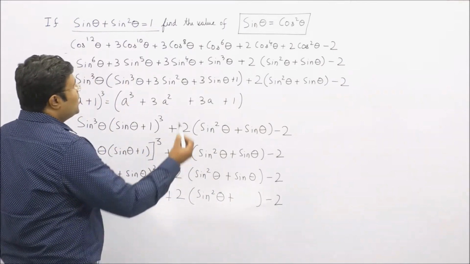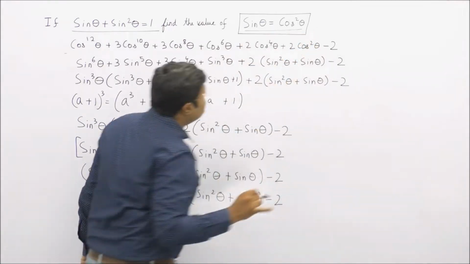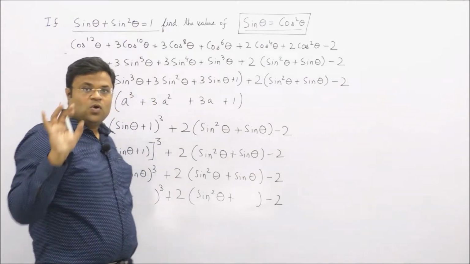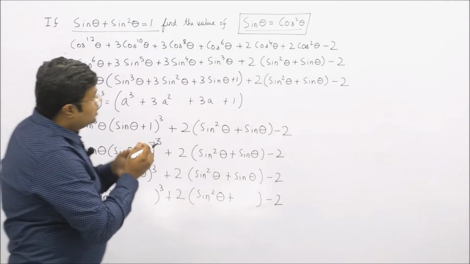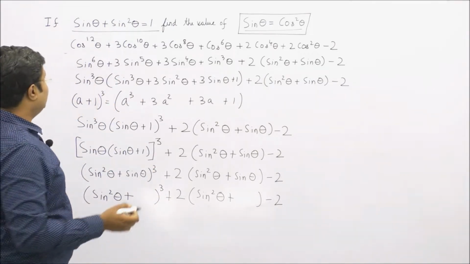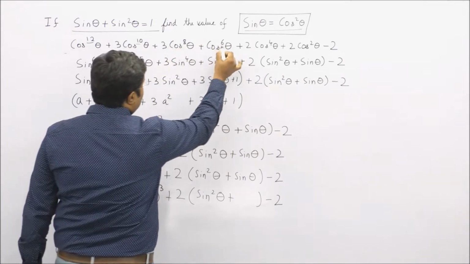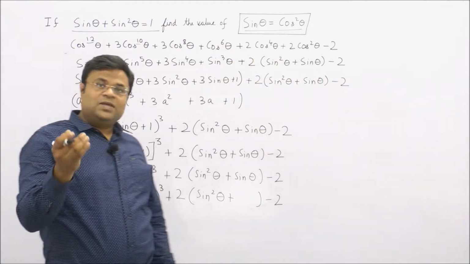Now, the first thing which we did was, we wrote this result here, sin theta is equal to cos square theta. Now we took the help of that and we just managed to take these bigger powers and write it as something small.